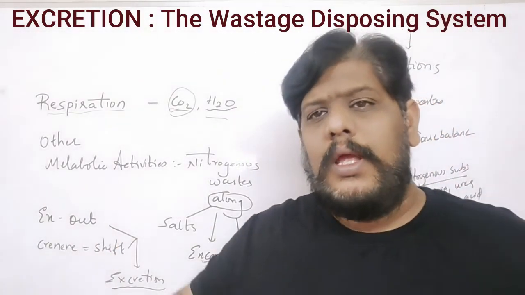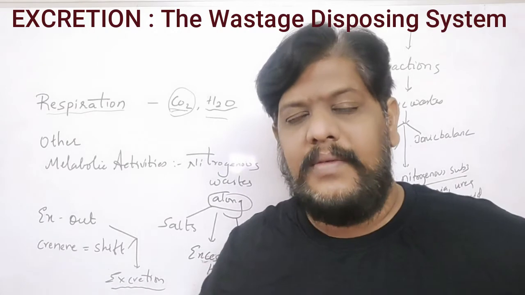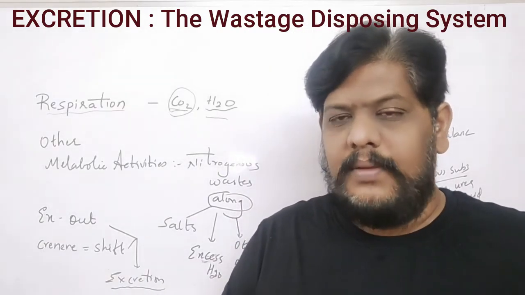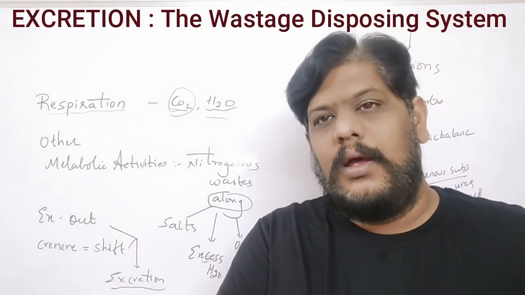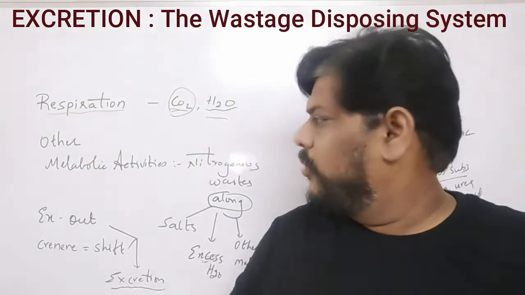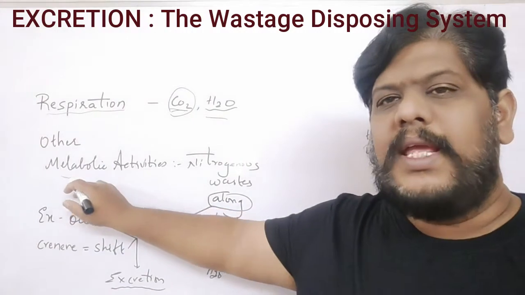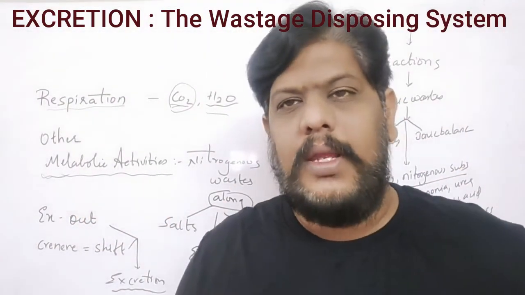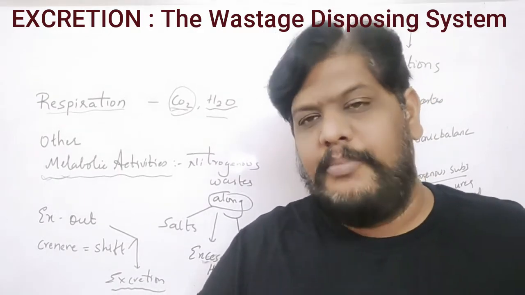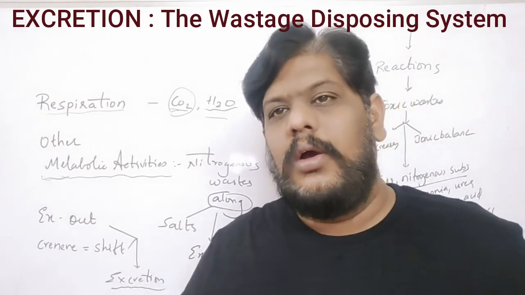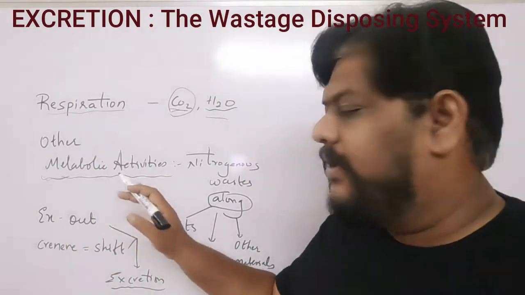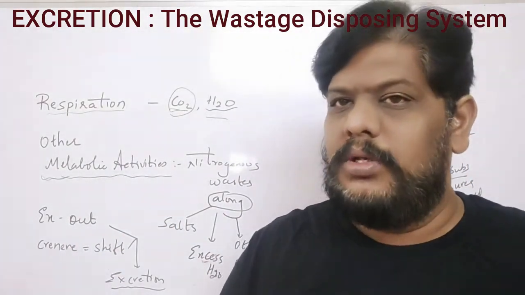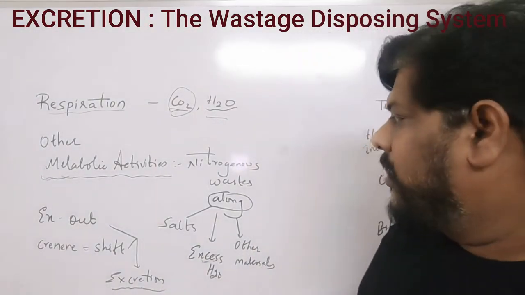And there are also some other metabolic activities which take place in our body. Metabolic activities, as I told you, are the combination of anabolism and catabolism. So during some of the life processes, especially the metabolic activities, anabolism and catabolism, what is released?